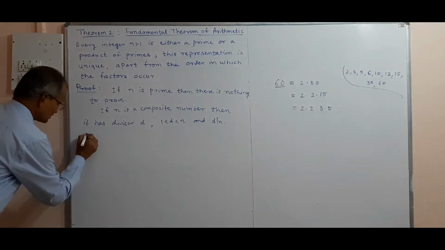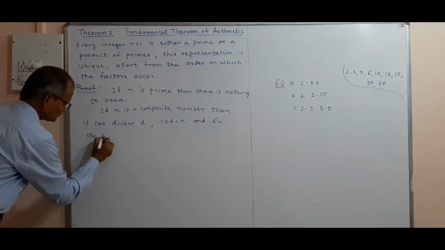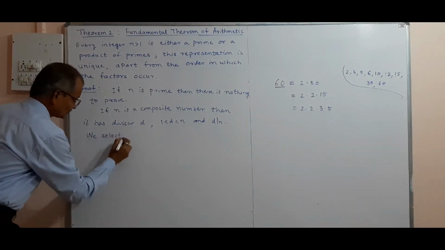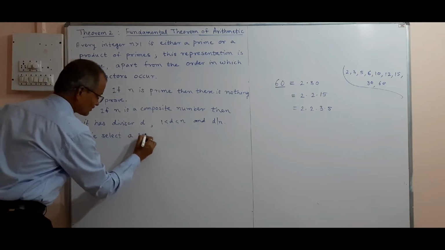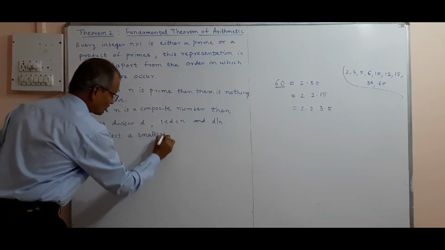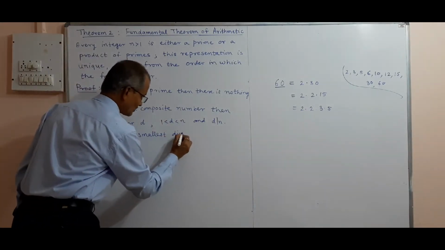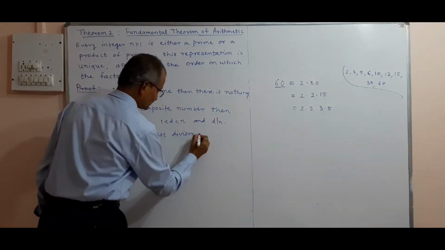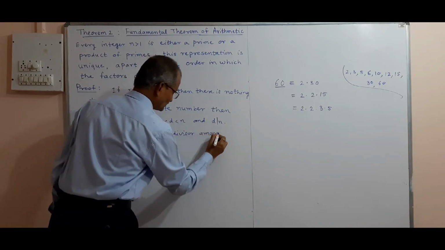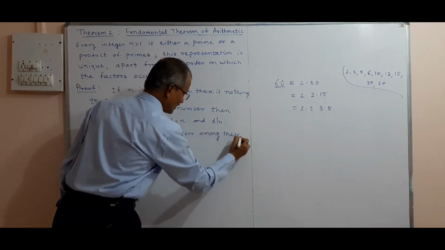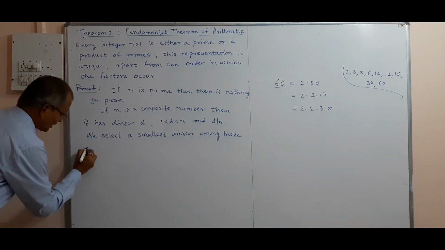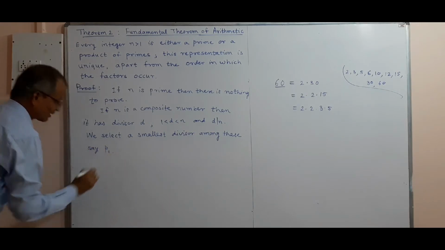So we select the smallest divisor among these divisors, say P1.